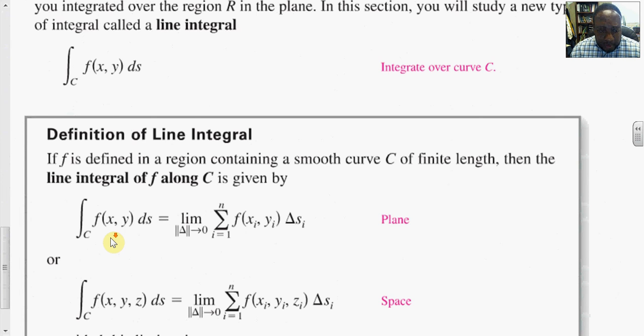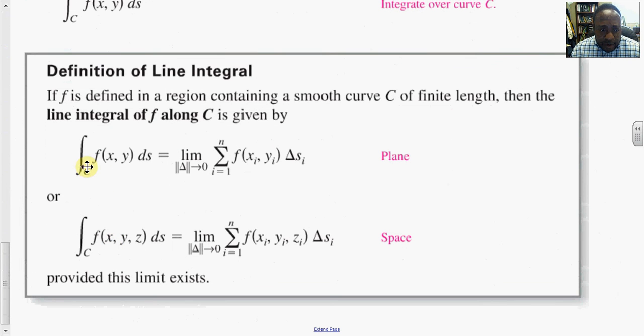The line integral of f is defined on a region containing a smooth curve C. If C is smooth, that means its partial derivatives are continuous. Then the line integral of f along C is given by the limit as the partition goes to 0 of the summation of a function, whether it's f of x y or f of x y z, with respect to the change in s.